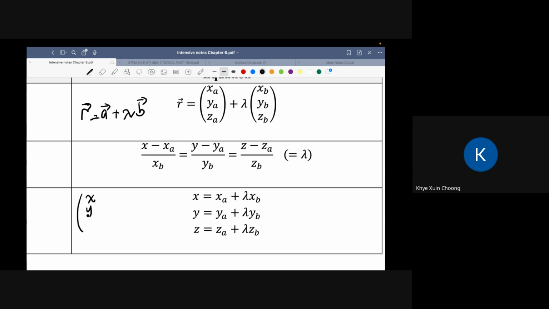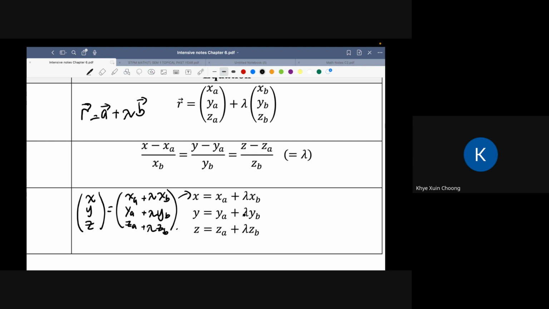I call the coordinate x, y, z. So xa means the x coordinate of A: xa, ya, za. So this plus this, you should get something like this.